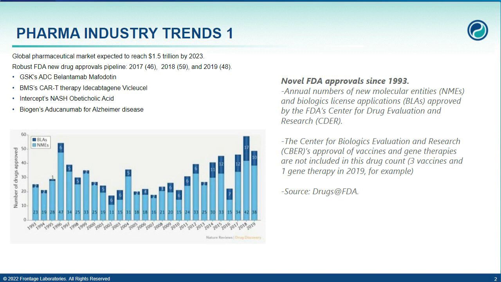The light blue shows the NME approval, and the dark blue on top shows the BLA approval by FDA. Starting 2005, we can see the BLA approval by FDA is growing significantly every year.